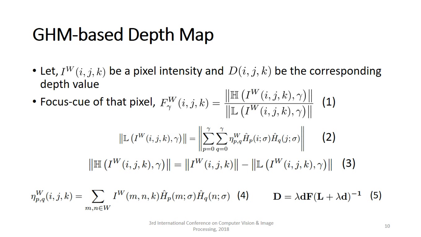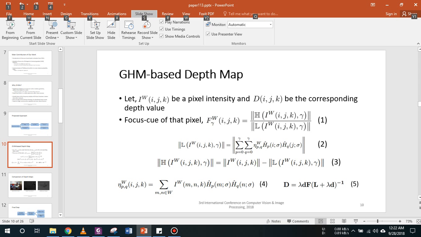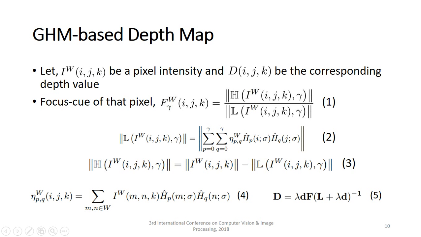Now this is the GHM-based depth estimation technique. Let I_W(i,j,k) be a pixel intensity which is selected by an n by n square-shaped window, and D(i,j,k) be the corresponding depth value. So we can calculate the focus Q of that specific pixel by using equation 1, which is the ratio of high pass and low pass components of that specific pixel.